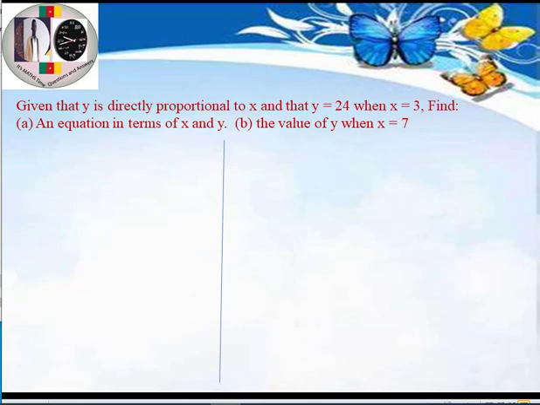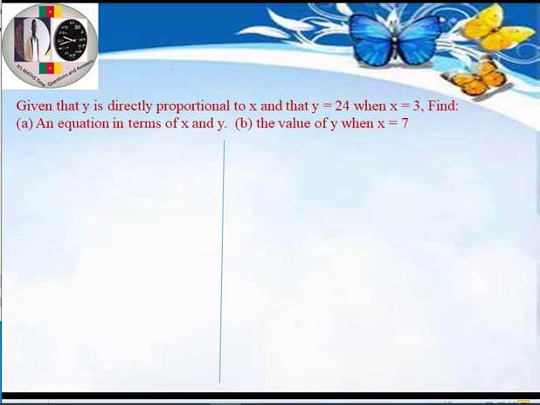In this case, we say quantity y and quantity x are in direct proportionality. But if quantity y increases and quantity x decreases, or quantity y decreases while quantity x increases, we say these two quantities are indirectly proportional.